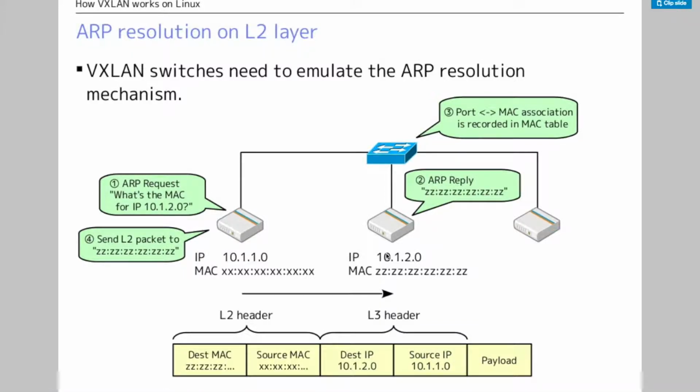VXLAN switches needed to emulate the ARP resolution mechanism. So basically, from this virtual machine or pod, we needed to send ARP request to find what is the MAC address for this IP address. So this ARP request, ARP reply, then add it to the MAC table in the switch.